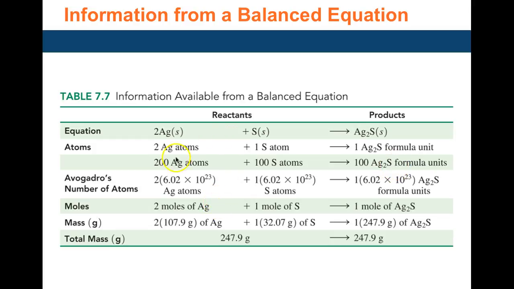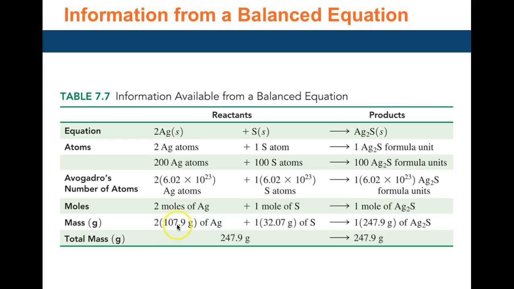If you take it in terms of 6.02 times 10 to the power 23, that means you multiply everything by 6.02 times 10 to the power 23 on all sides. Or you can interpret it as 2 moles of silver, 1 mole of sulfur, and 1 mole of silver sulfide. Now, if you take the mass, a mole of silver is 107.9 grams.